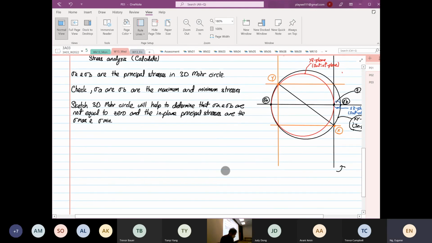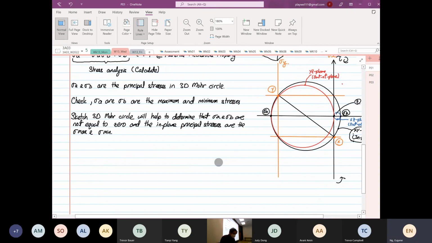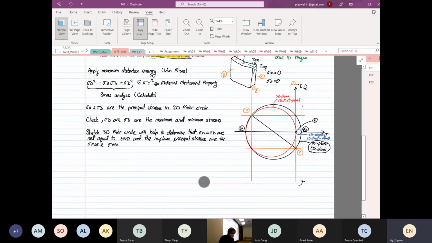Okay. So that is why this is important. Okay. So the first thing that we do, right? So I know now this is a lot to absorb for now. Okay. We have the criteria, we draw 3D Mohr circle, then now we are going to do stress analysis.